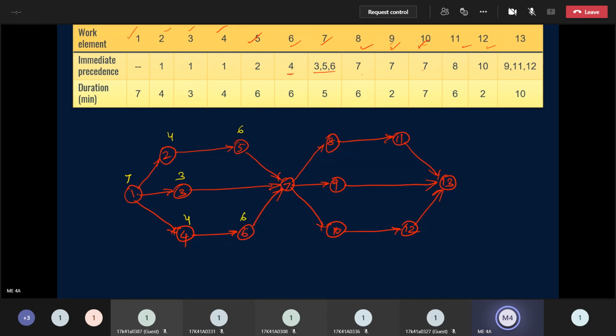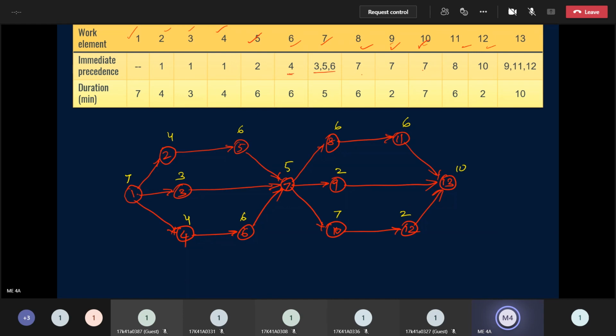For element 7, 5. For element 8, 6. For element 9, 2. For element 10, 7. And then for element 11, it is 6. For 12, it is 2. For 13, it is 10. So these are the timings.